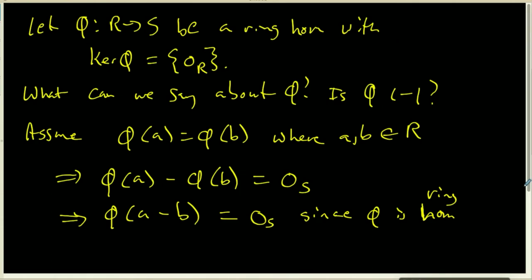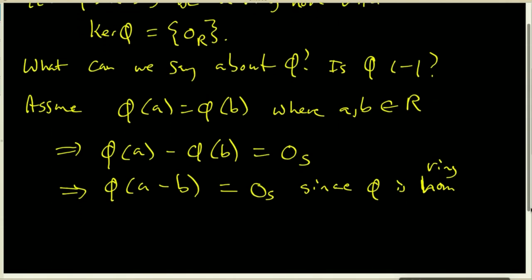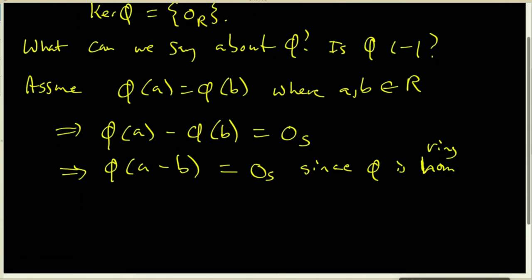And that's where we use the fact that phi is a ring homomorphism. But let's look at what this statement actually says. This statement says that the element A minus B got mapped to the zero inside ring S. So that last statement is enough to say A minus B has to be inside the kernel of phi.